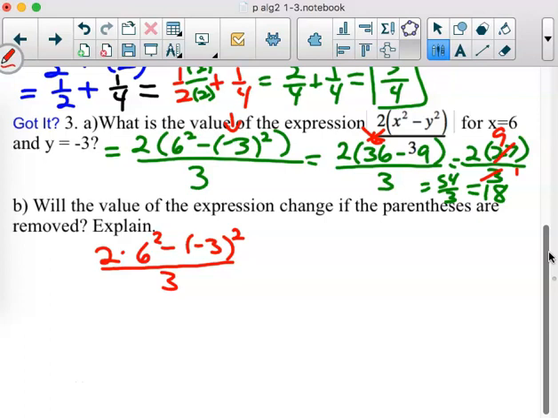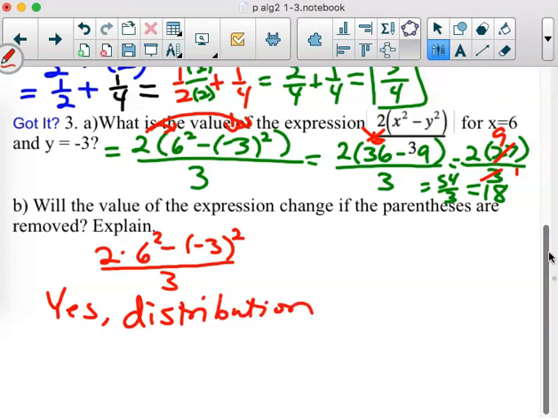Because remember, if there's a number outside of parentheses, it has to be distributed to both terms. So this 2 would need to go to both the 6 squared and the negative 3 squared in order to do that correctly. So, yes. And we can put distribution, because that's what would have to happen in order for those to be exactly the same.